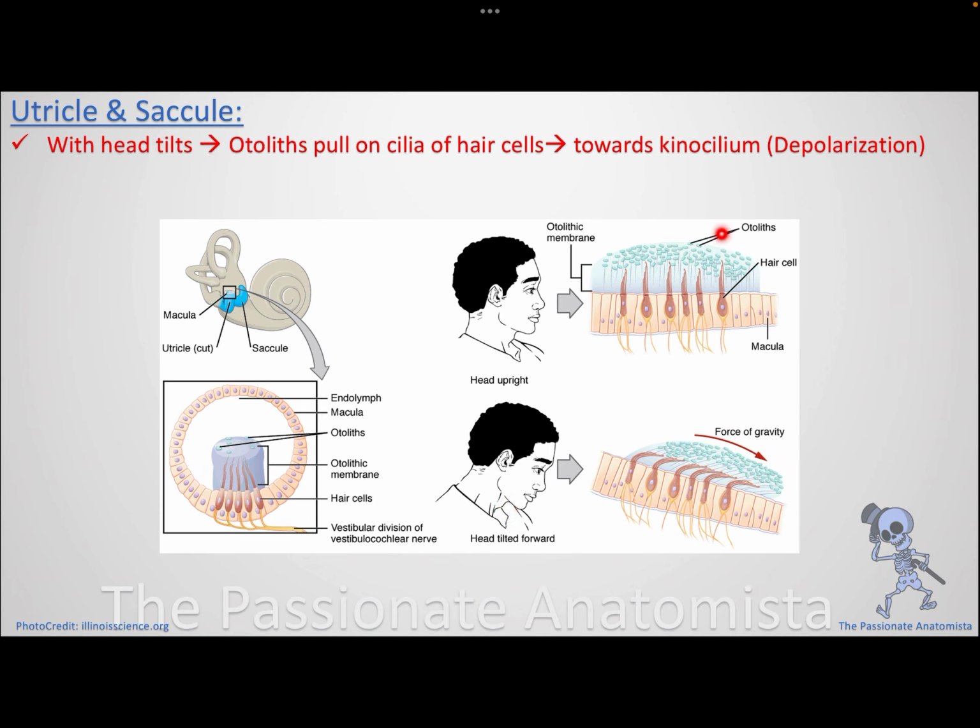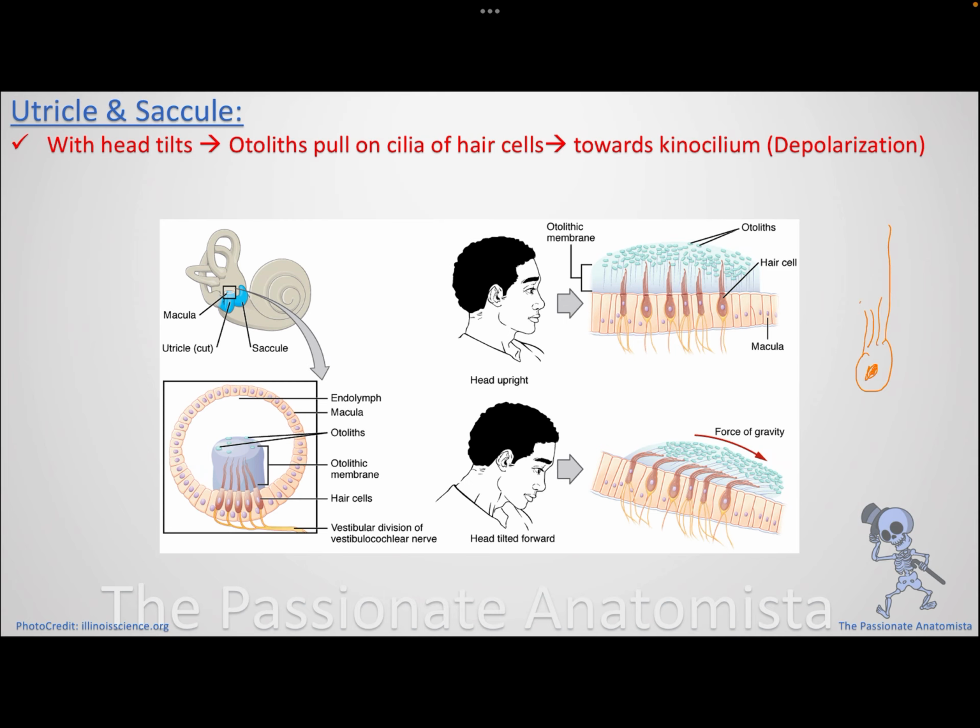As I move, I have these ear stones, they are sitting on the top of a gelatinous material. As I move my head, these stones are going to move, all right? If they move, they are going to bend the cilia on the top of the hair cells. I have a hair cell, and on top of that, I have stereocilia, a lot of stereocilia, maybe 3 or 4, something like that, and one long kinocilium.